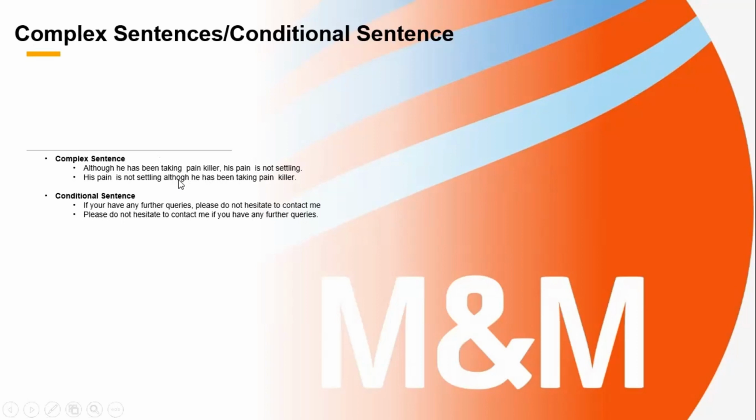When we have the dependent clause first and the independent afterward, we put a comma. But if we flip the order, his pain is not settling although he has been taking painkillers, we can use it without a comma, right? So for the example of complex and conditional sentences, they can be used when we have to summarize, like when I have to close the letter. So I hope it's clear to you. This is a brief overview of the grammar.